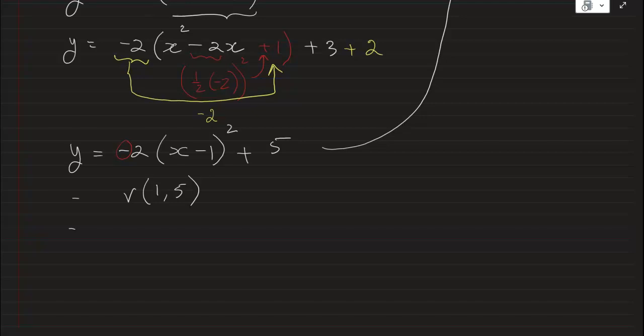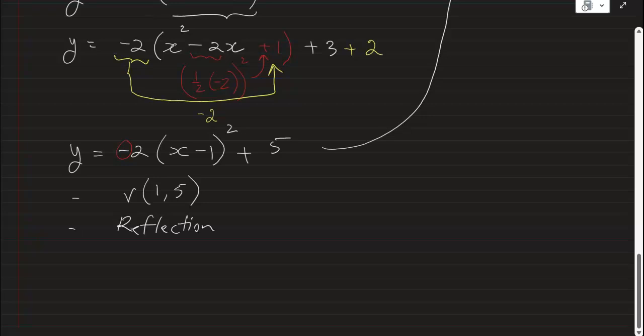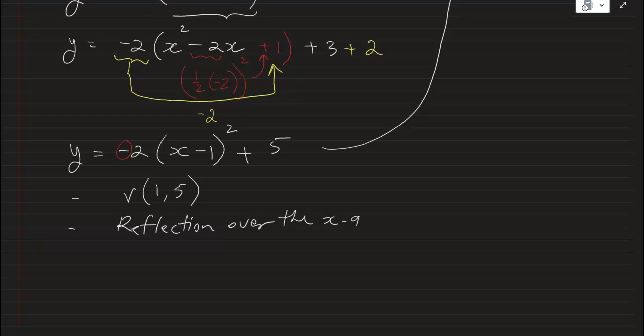So let's make sure that we write that. So this is a reflection over the x-axis. So the graph will look like an upside-down parabola. Remember this U-shaped graph.